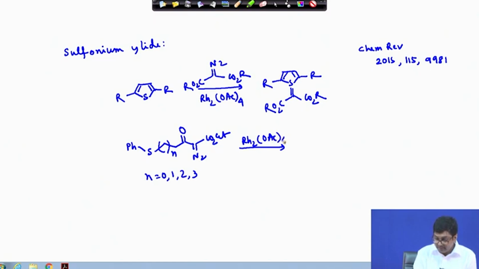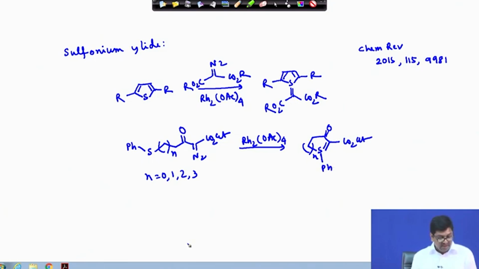In a similar way, the diazoester that reacted in an intermolecular way earlier, here it will react in an intramolecular fashion to provide the corresponding sulfonium ylide.